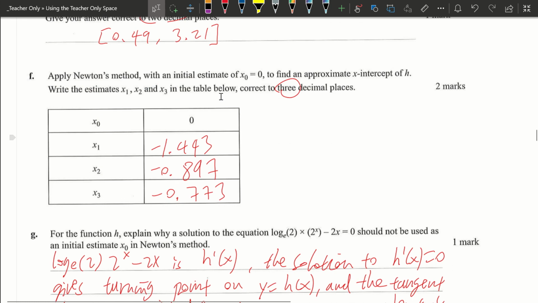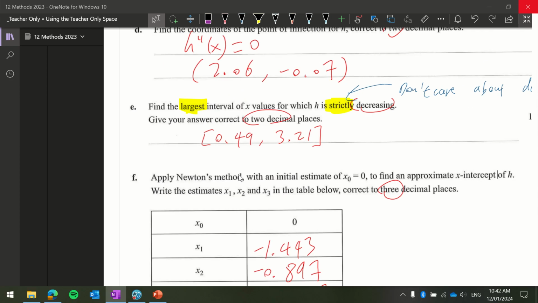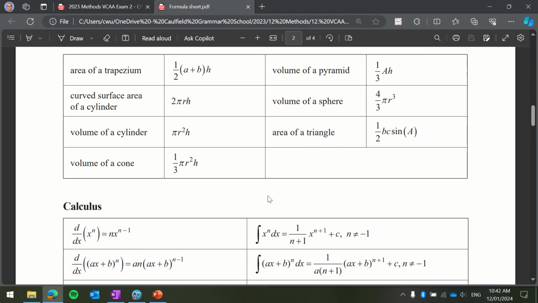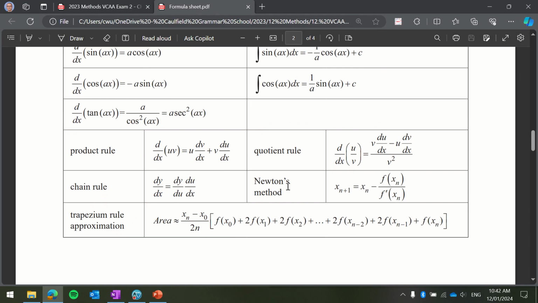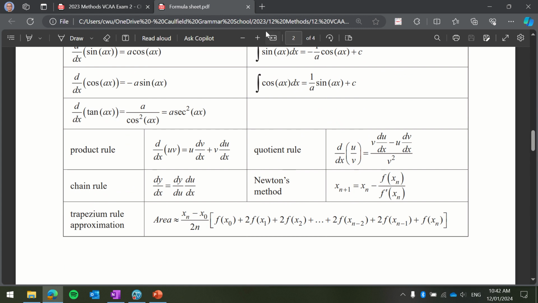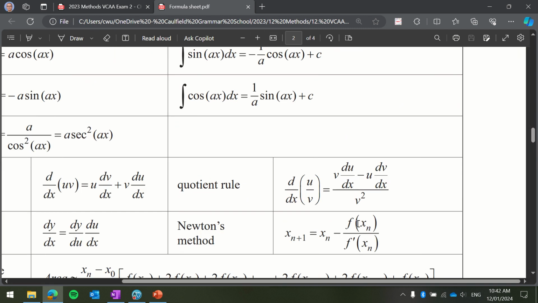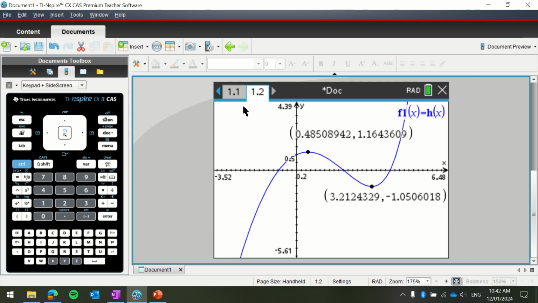Next, Newton's method. Initial estimate is 0, and I need to write down all of x1, x2, x3, x4, and so on. If you forget Newton's method formula, it's right about here, but you should memorize it by now.